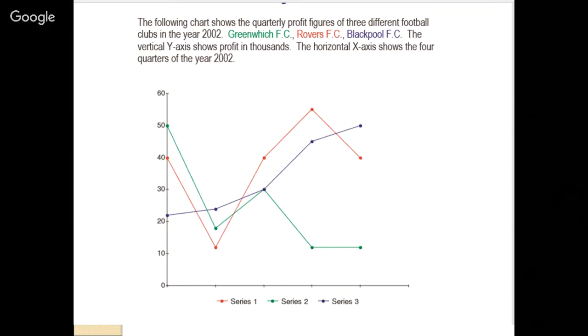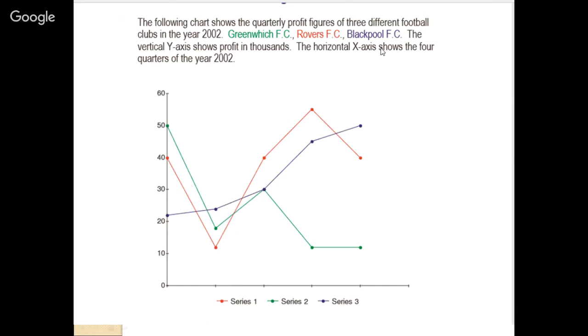And then you have Greenwich FC, and that is in green right here. Rovers FC, which is in red.